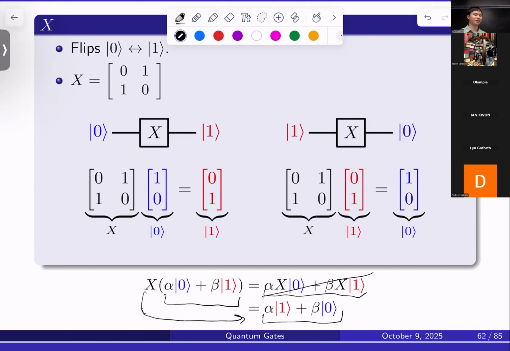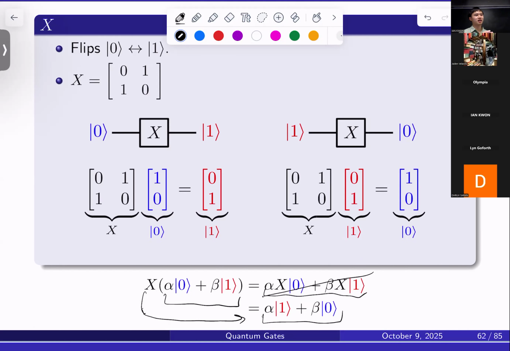I'm not going to go into the details right now, but hand-wavingly, you can think of it as quantum interference. I think we'll also see an example of this later when we get to the H gate. Since amplitudes can be negative and positive, they can actually cancel out. Before, you might have some probability of measuring a zero and some probability of measuring a zero.